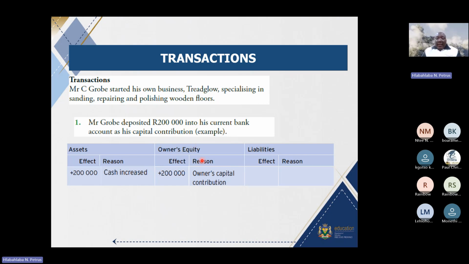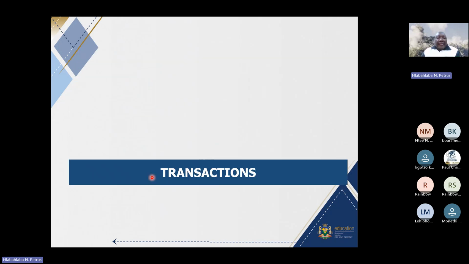So liability, we have nothing. Another highlight I advise you to check: when you do cash receipt accounting equations, you are not going to come across a transaction that talks about the liabilities. Always remember that. Let us move to the second transaction.